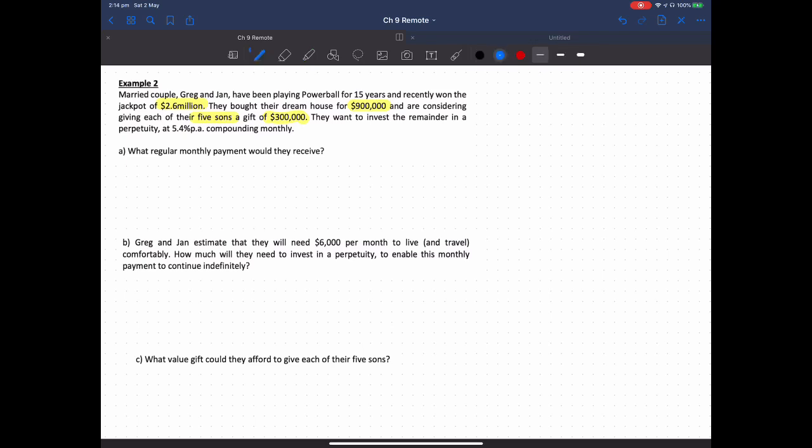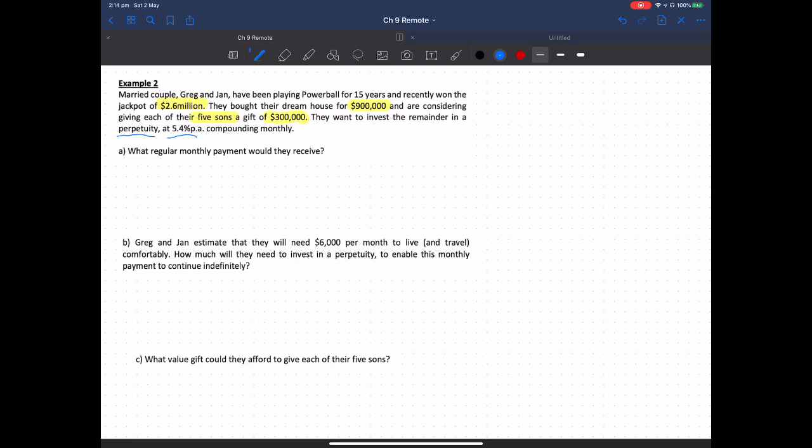Now remember, if a perpetuity is used, then it has to go on and on forever. And we're told the perpetuity is at a rate of 5.4% per annum. So, what regular monthly payment would they receive?